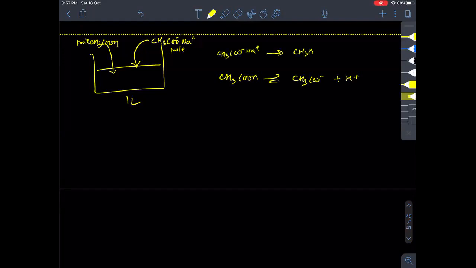It will ionize completely in water, and this species means nothing to us, and this one is very active. So if you have added 1 mole, it will be 1 mole. Now you know that 1 minus x, it will be basically x and x. Because of this common ion, we have to add 1 here.